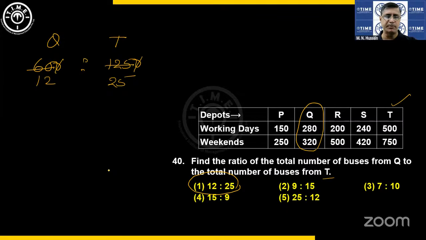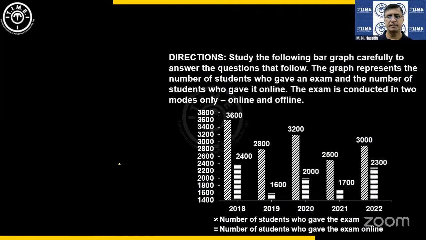Now, look at next example. Another set is given here. Directions are given. Please go through the directions. Study the following bar graph carefully to answer the questions that follow.